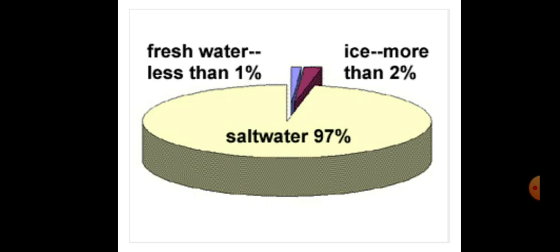Now, what is fresh water? It is less than 1% of the water which is available. Ice water, in the form of glaciers and icebergs, is more than 2%. And the remaining 97% is the salt water on earth.